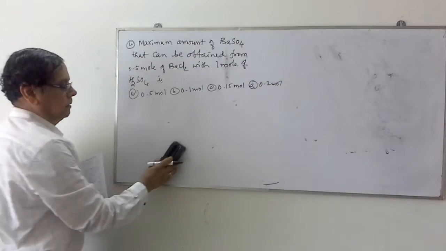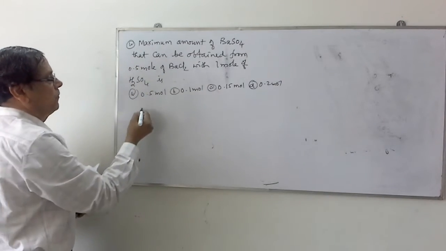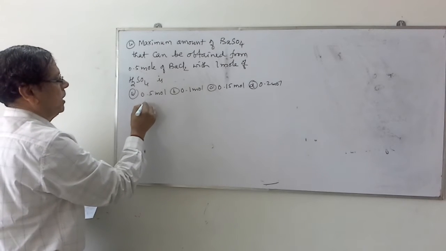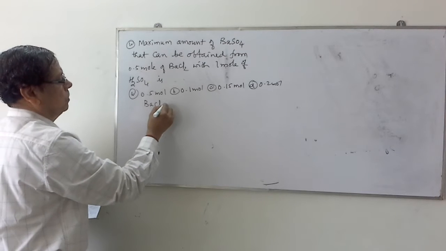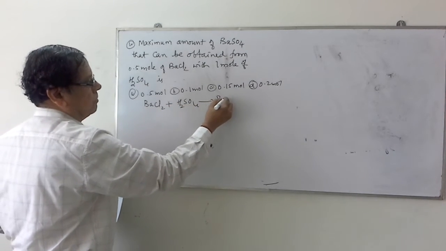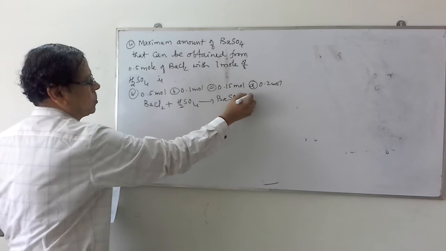If you write the reaction between barium chloride and sulfuric acid, BaCl2 plus H2SO4 gives rise to BaSO4 plus 2HCl.